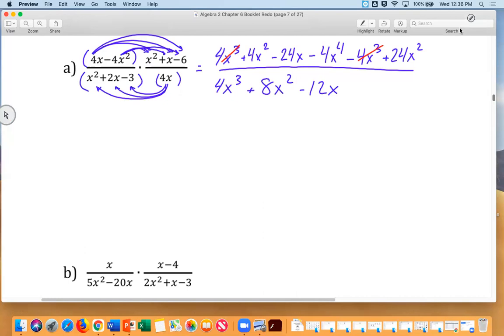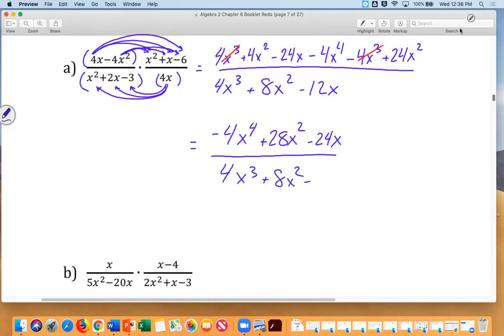So that leaves me with negative 4x to the 4th plus 28x squared minus 24x all over 4x cubed plus 8x squared minus 12x.